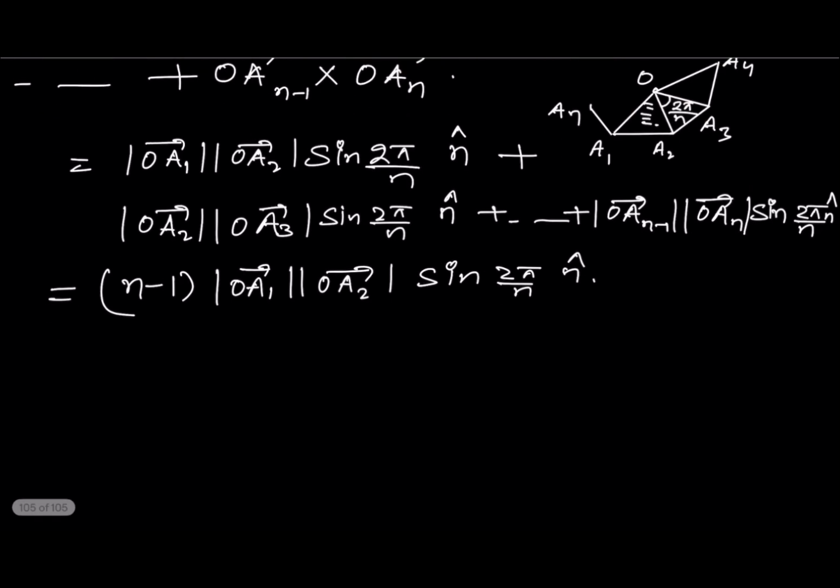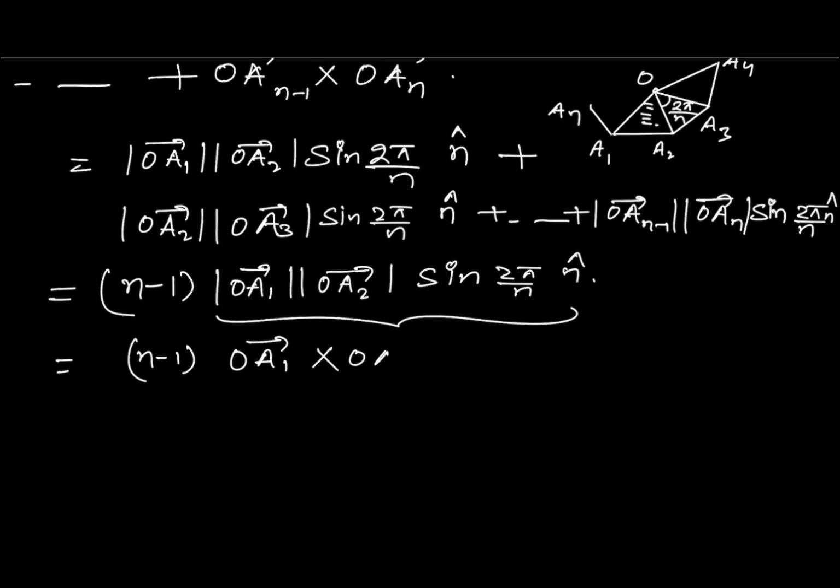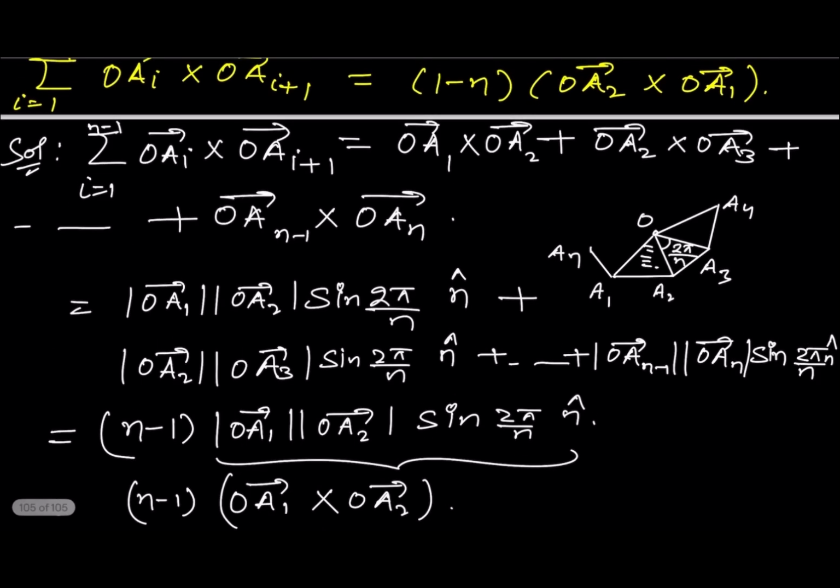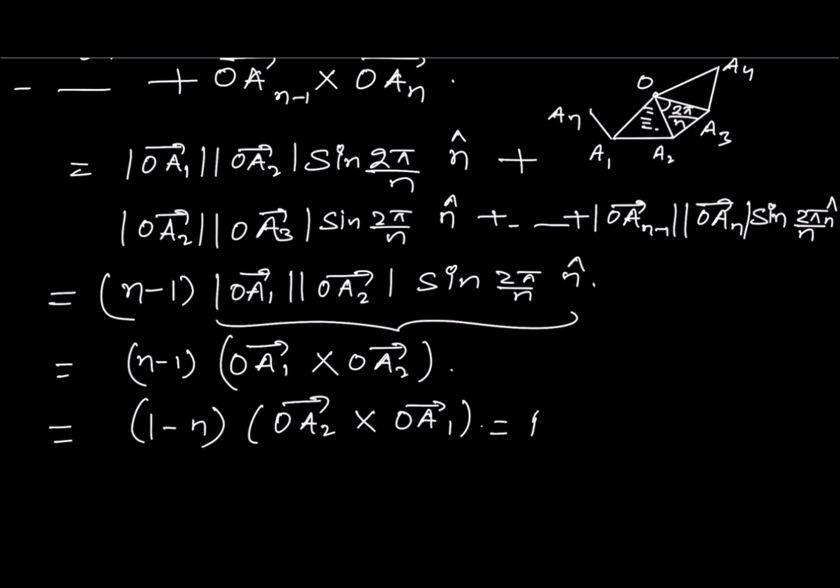Okay, so this will become OA1 vector cross OA2 vector, right? And if I change the order, then the minus sign will come out, and this will become 1 minus n times OA2 vector cross OA1 vector, which is the RHS of what we are proving. So hence proved.